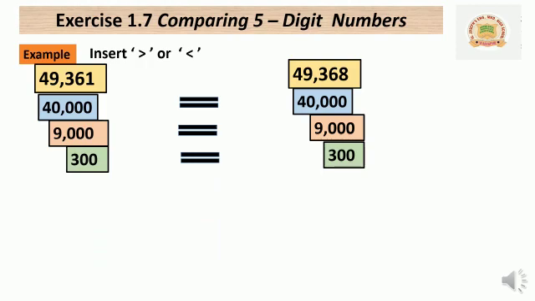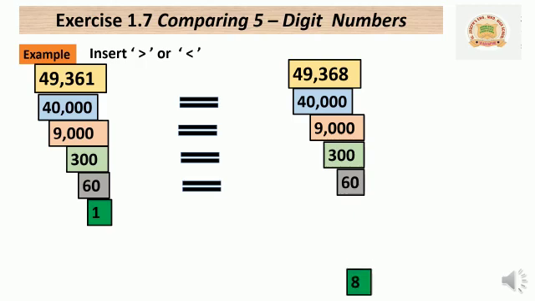Now in the tens place we are having 6, that becomes 60. Here also we are having 6, that becomes 60. That also is equal. Up to this we have got all equal numbers only. Now we have to compare the last place, that is the ones place, the unit place. In the units place what number are we having? 1.